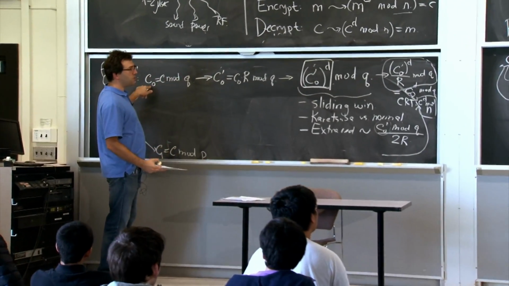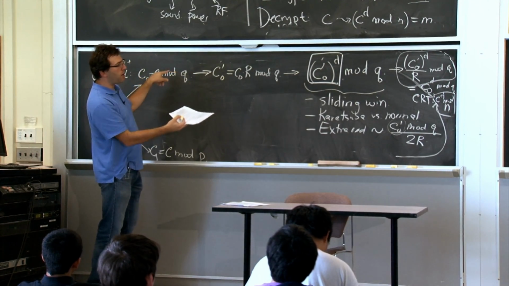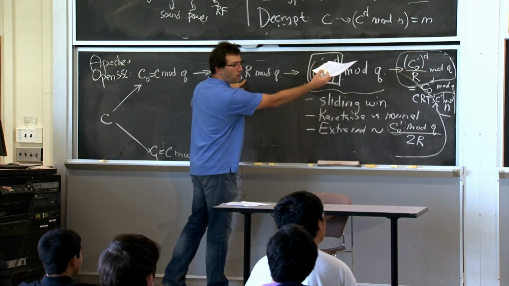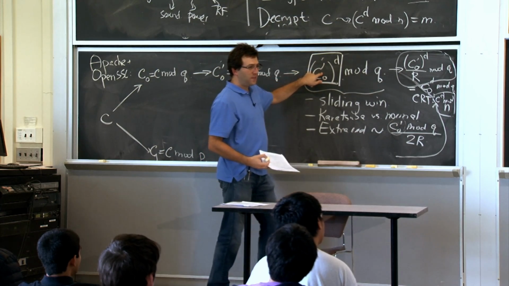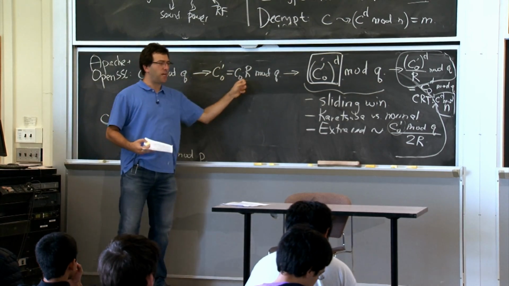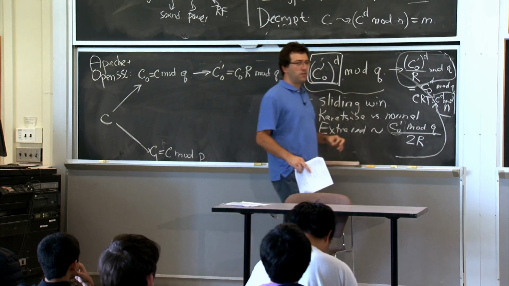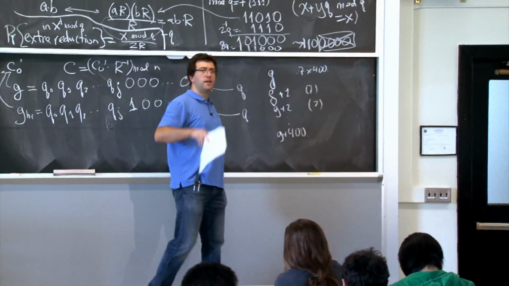So it's going to compute C0, which is C mod Q. So that value is going to be C0 prime R inverse mod Q. Then you multiply it by R, so you get rid of the R inverse. And then you end up with the guess exactly in this position. So the cool thing is basically all the manipulations leading up to here are just multiplying by this R, and you know what R is going to be. It's going to be 2 to the 512. That's going to be relatively straightforward to do. Make sense? Other questions? Yeah?